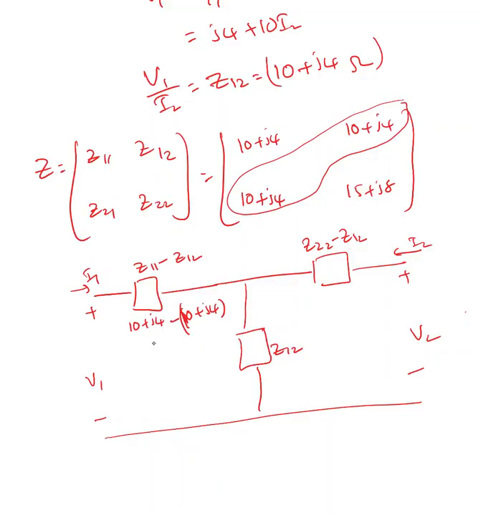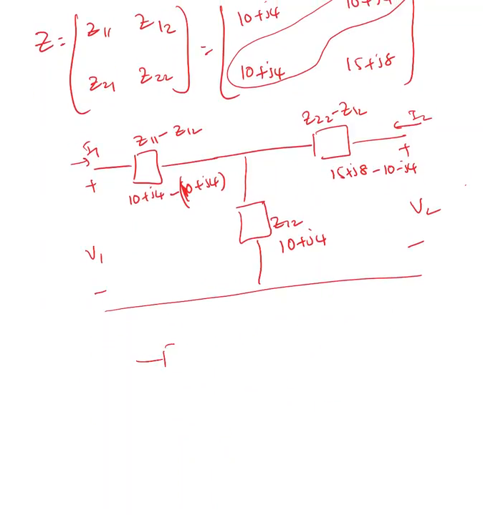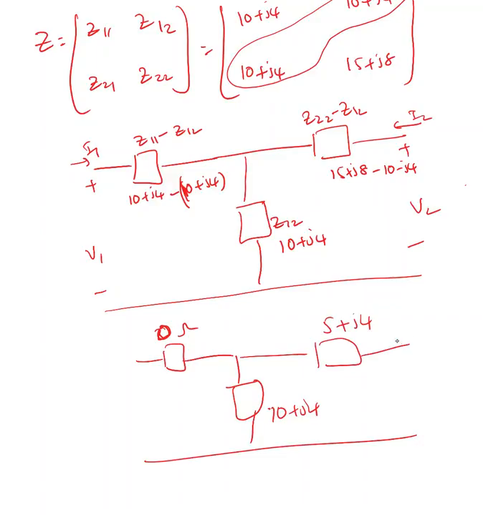Basically what happened here, this quantity becomes 0, and here it is going to be 10 plus J4, and here 15 plus J8 minus 10 minus J4. So when I draw the T equivalent circuit, this quantity is 0. All I have here is 10 plus J4, and here 5 plus J4. This is the T equivalent circuit.